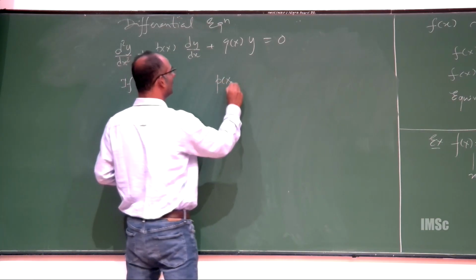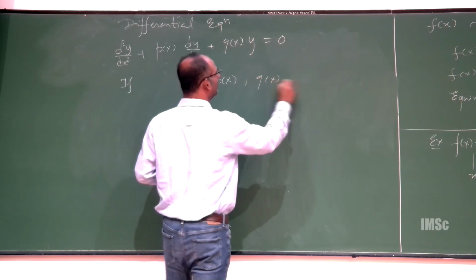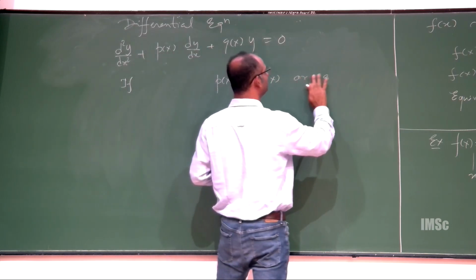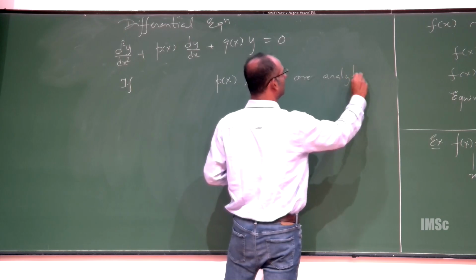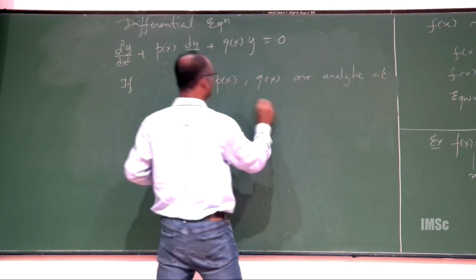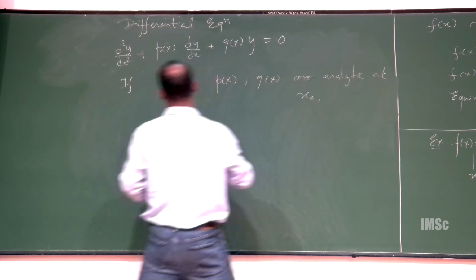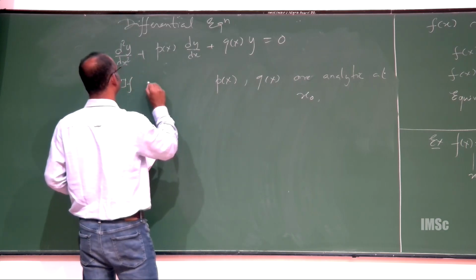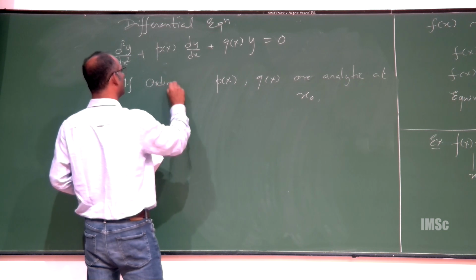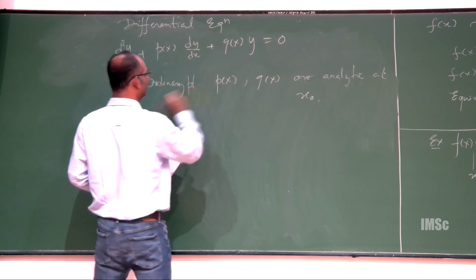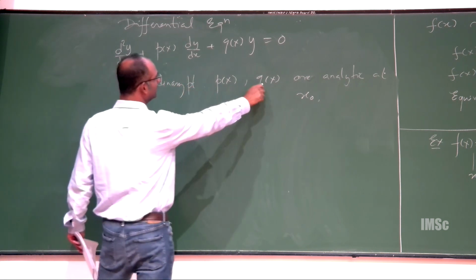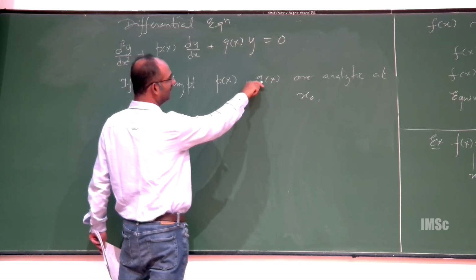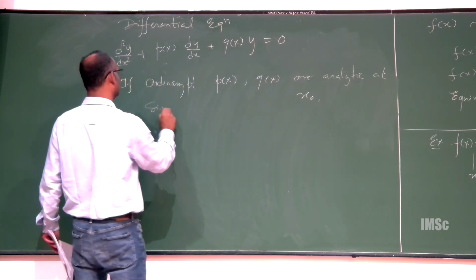So if P(x) and Q(x) are analytic at a point x naught, then we call the point x naught an ordinary point. Otherwise, if any of these is not analytic at that point, it's called a singular point.